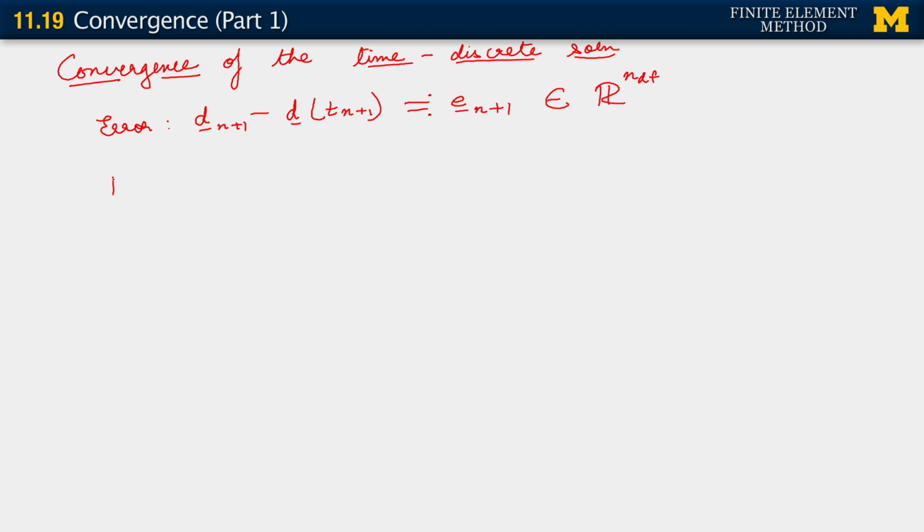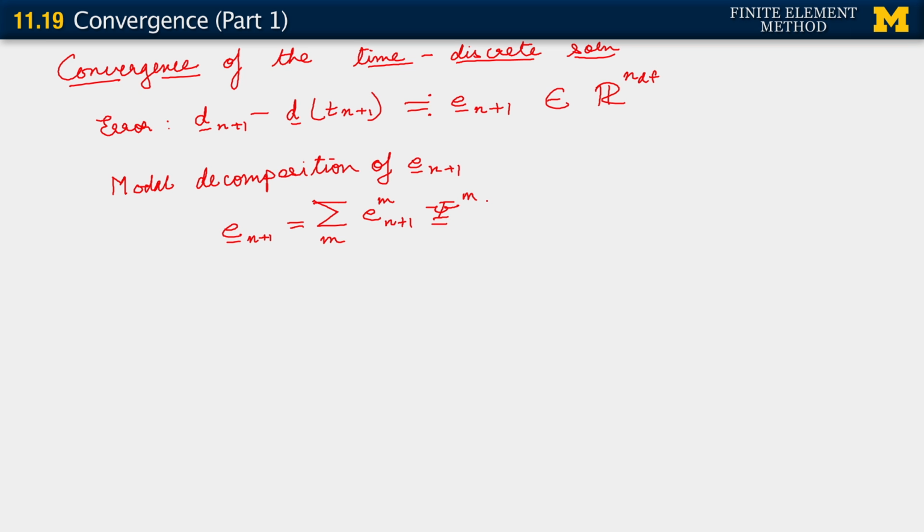So we can carry out a modal decomposition of E at n plus 1, and that modal decomposition is that E at n plus 1 equals the sum over m of E m at n plus 1, those are our scalar modal coefficients, times psi m, just as for any other vector.